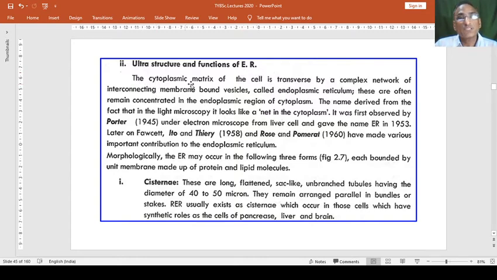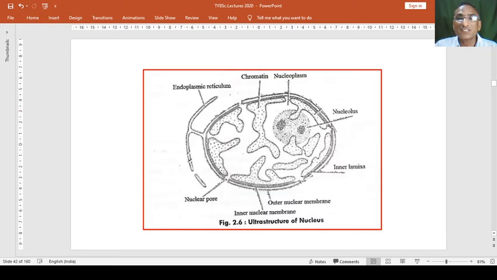The cytoplasmic matrix of the cell is traversed by a complex network of interconnecting membrane bound vesicles. These are called endoplasmic reticulum. If you would like to see, you can see in the previous picture that this one is the endoplasmic reticulum.